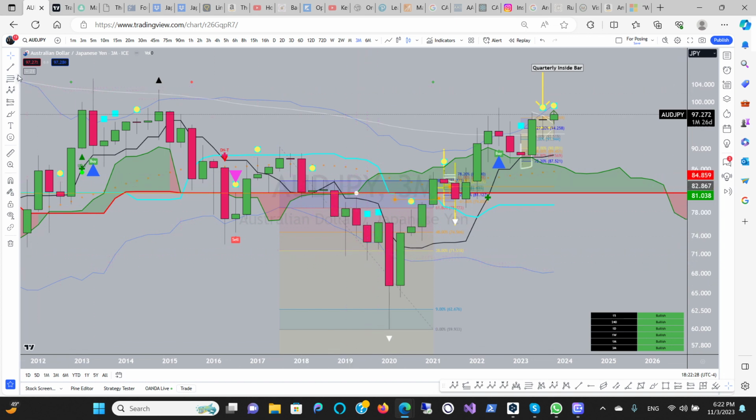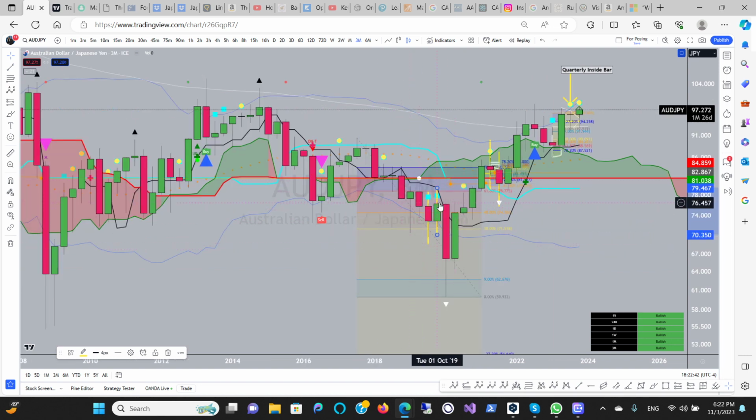Let's see what's happening here. So it appears NR4. Then we're looking at the next bar down here. So maybe we want to take it, because it's in no man's land, because it's in the trend zone of the quarterly chart.